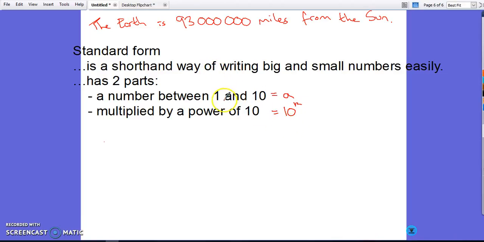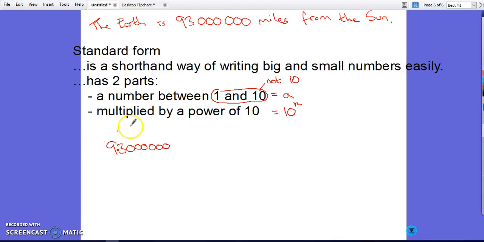So, you can write big and small numbers easily with a number between 1 and 10, but not 10, that's multiplied by a power of 10. So here, if we wanted to convert this number, we would say, 93 million. Where would I have to put my decimal point to get a number between 1 and 10? I would need to put it here.